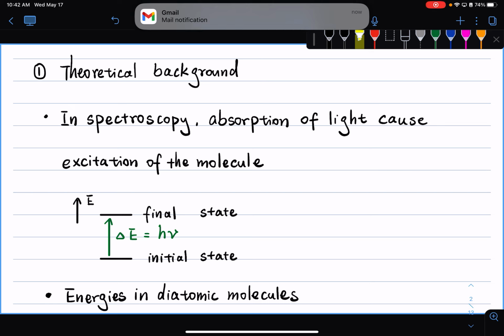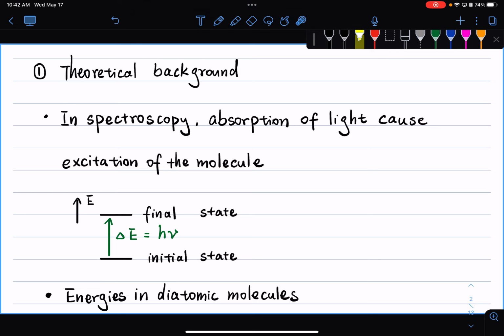So in UV-vis absorption spectroscopy, we're talking about the movement of the electron from the HOMO to the LUMO. So that is excitation of the electronic state. In NMR spectroscopy, we're talking about the different spin states of your proton nuclei, right? So we're talking about the movement from the lower lying spin state to the higher lying spin state.